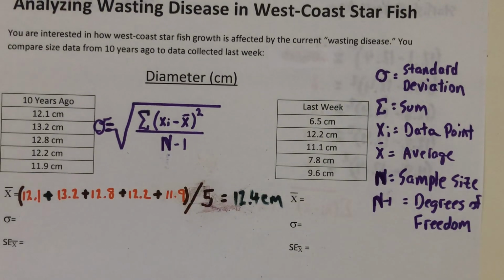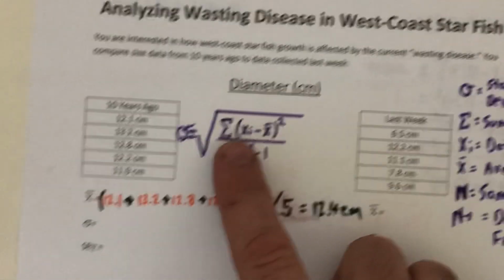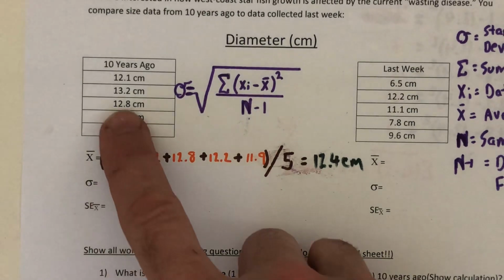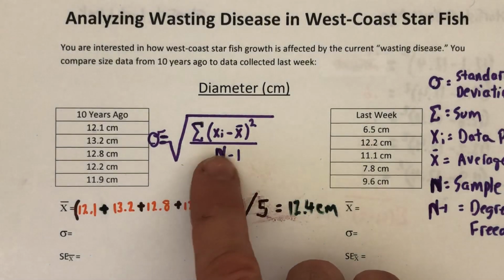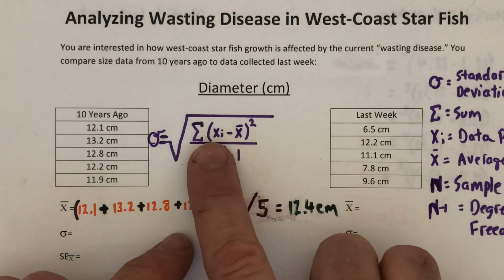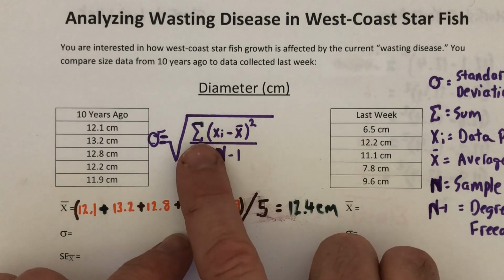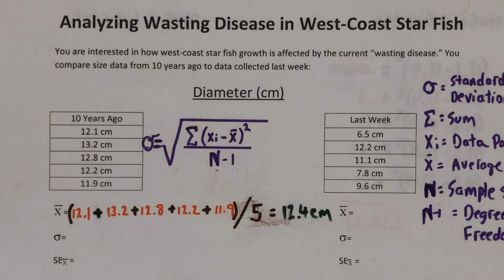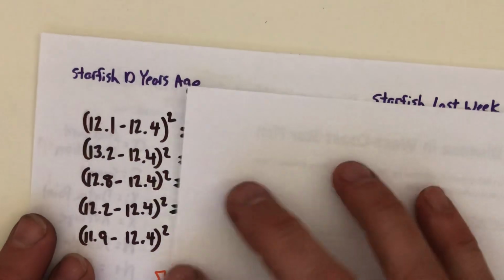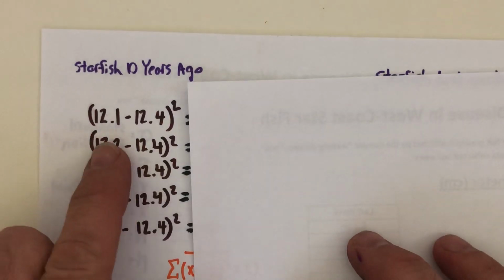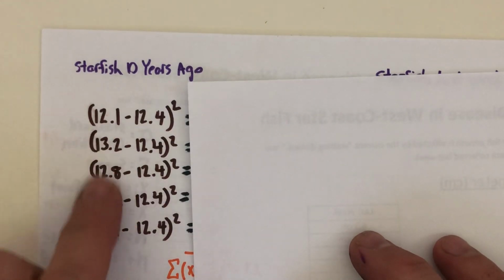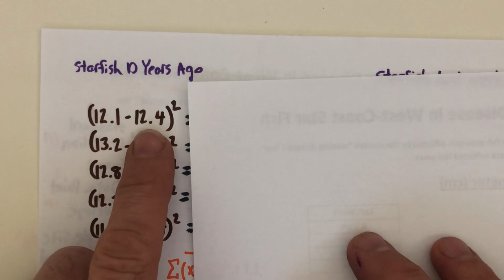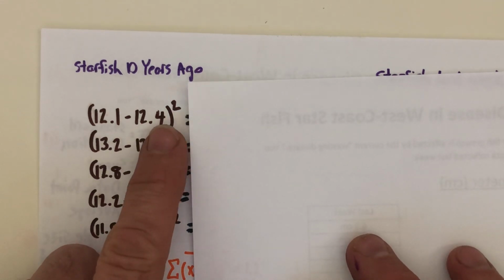Okay, so we're going to find standard deviation for these starfish. I'm going to do this part of the calculation, sigma, which is the sum of the initial data point minus the average, squared. I've done that already on the back, and you can do this on the back too. Here are my 5 data points that I just averaged, there is the average, and we're squaring that.